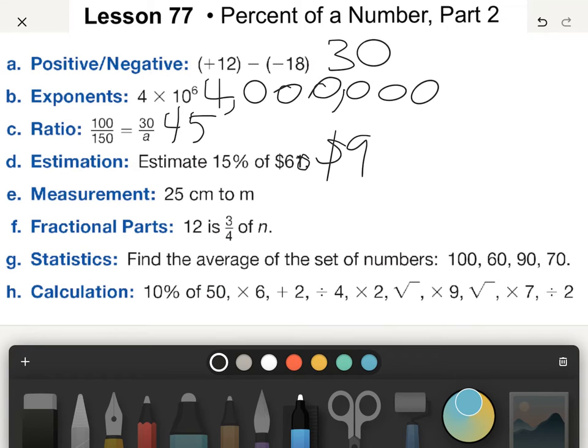25 centimeters to millimeters: there are 100 centimeters in a meter, so that's 25 hundredths of a meter.